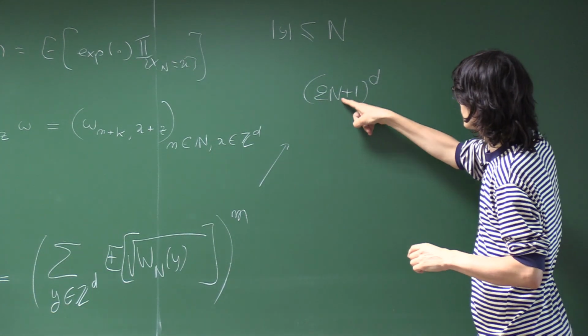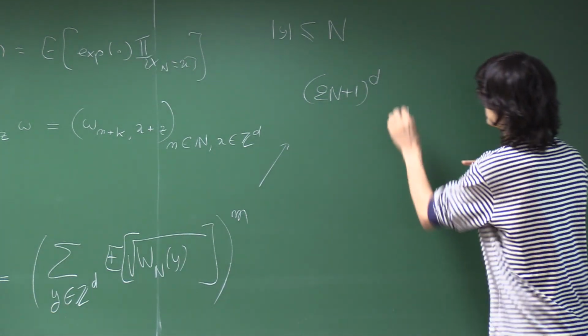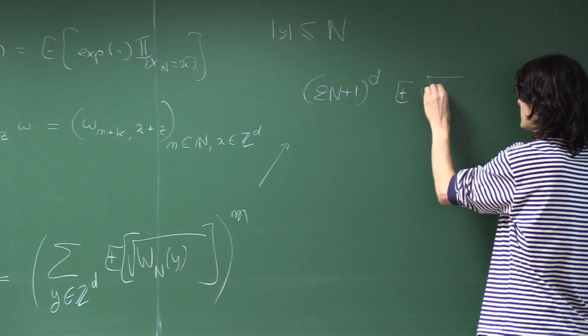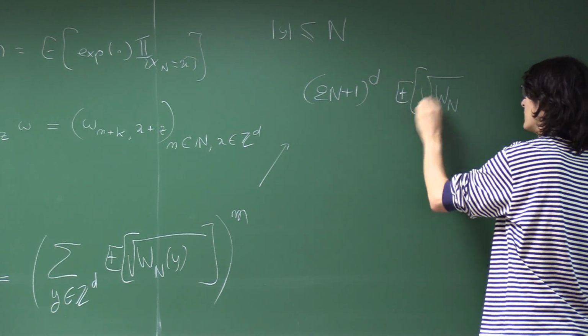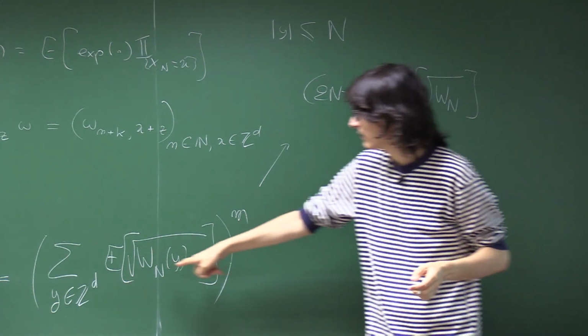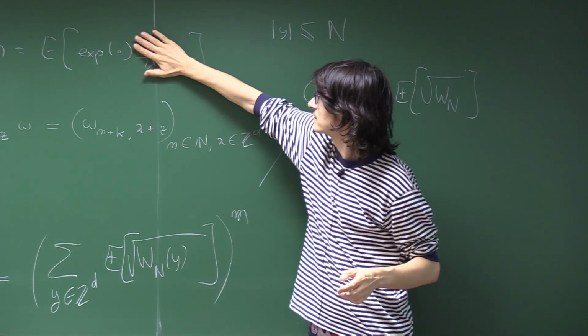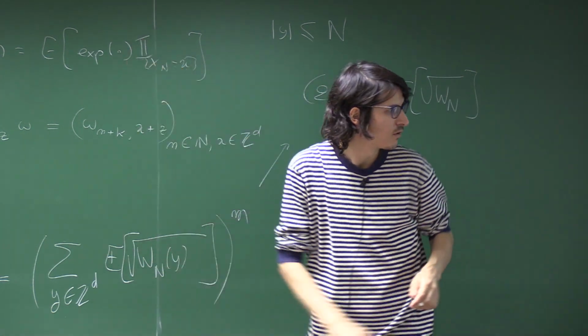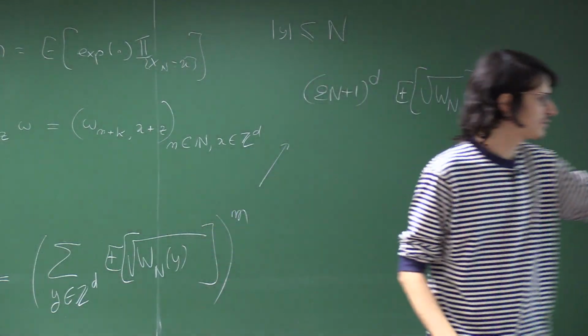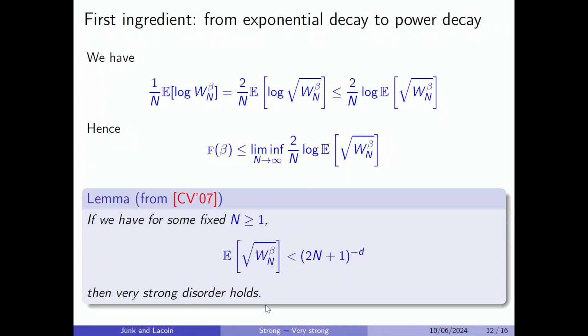Each of them is smaller than the expectation of square root of Wn. I'm just taking a crude bound. And therefore if this inequality is satisfied, then you're done.